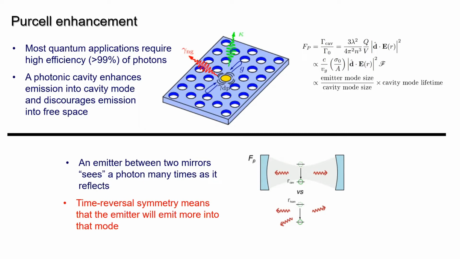And then the equation which explains how much of your light is emitted into the cavity mode versus would be emitted just into free space otherwise is called the Purcell factor. And the Purcell factor, there are a number of ways to intuitively understand it, but the best way to represent it is essentially the size of the photon, size in quotation marks, the size of the photon that it would release into free space, divided by the size of the photon in the cavity, multiplied by the lifetime of the photon in the cavity, right?